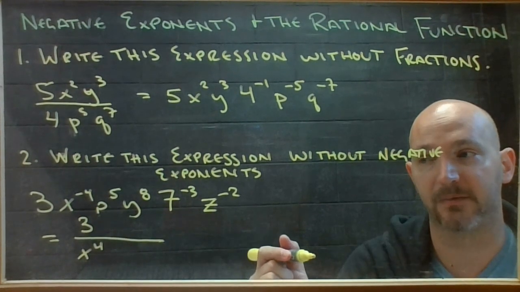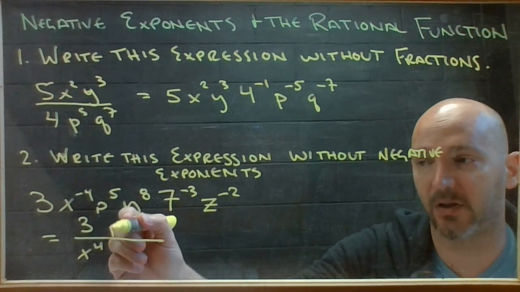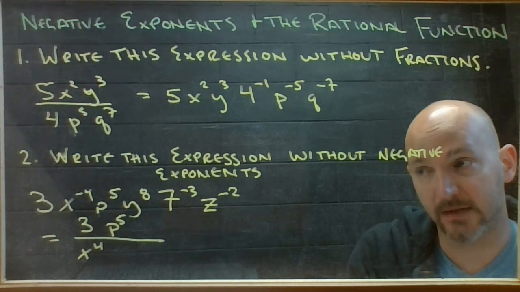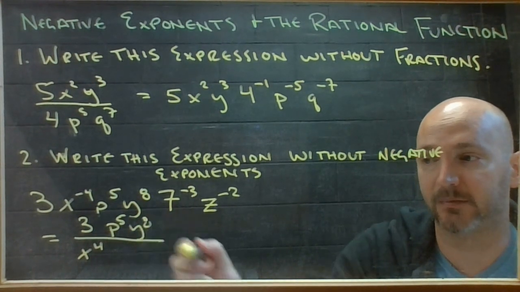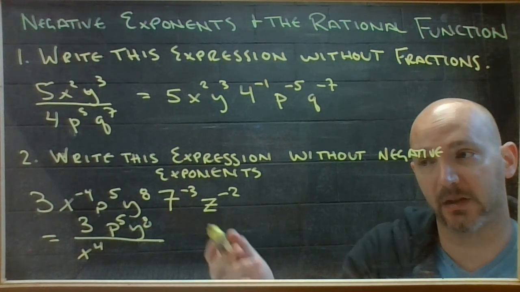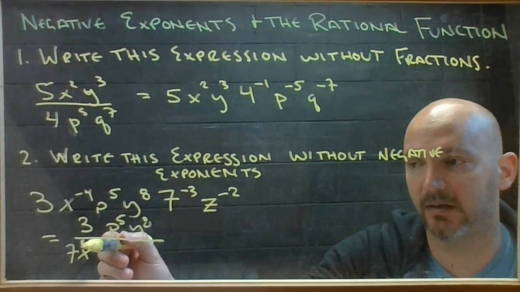because it was negative. P to the 5, that's a positive exponent, it belongs in the numerator. Y to the 8, that's a positive exponent, it belongs in the numerator. 7 to the negative 3, well, that's a negative exponent, so that 7 cubed belongs in the denominator.